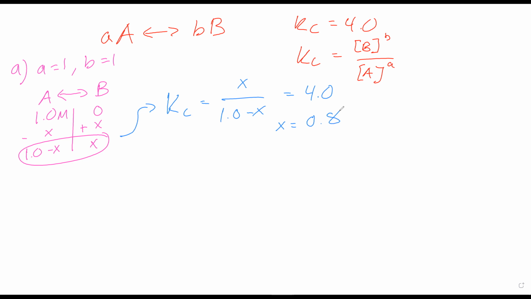Do y'all want me to work it out, or are we just good with continuing? I think we're fine with continuing. Okay, I shall continue then. So now we have all this information. Let us find our equilibrium values.